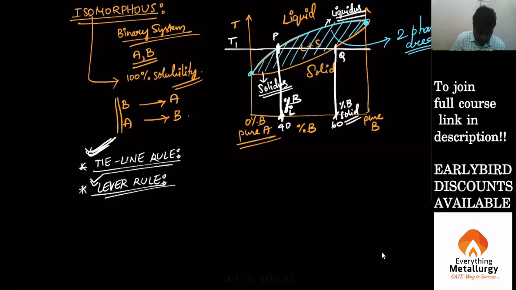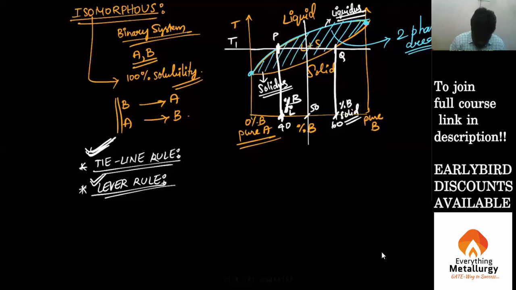The next is the lever rule. What is the lever rule? Say I have an alloy somewhere here, for example 50% B, I'm just assuming 50. As we know, there will be two phases present, solid and liquid. So what is the fraction of liquid and solid in volume?